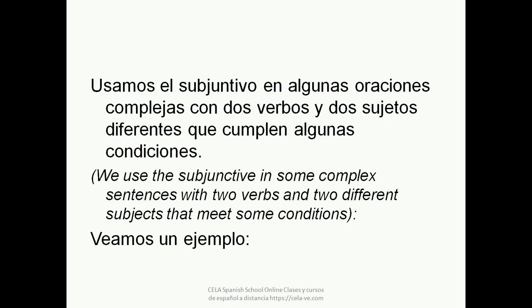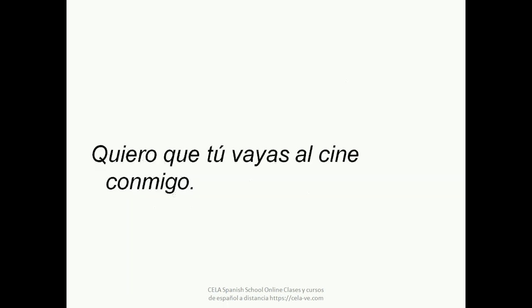Okay. Well, we use the subjunctive in some composed sentences with two different subjects and two different verbs connected by que. For example, quiero que tú vayas al cine conmigo.